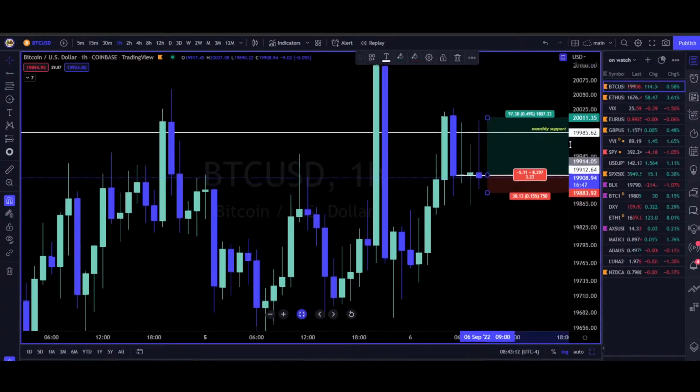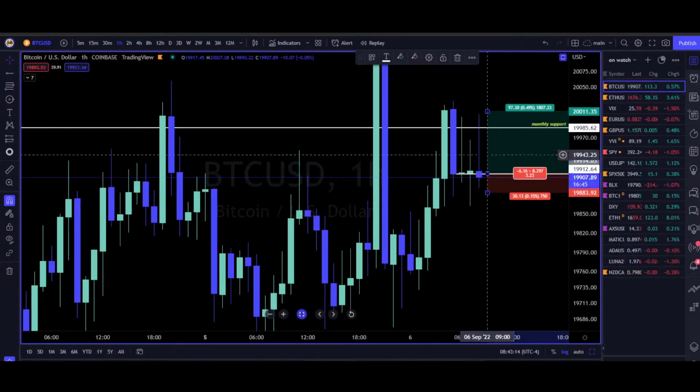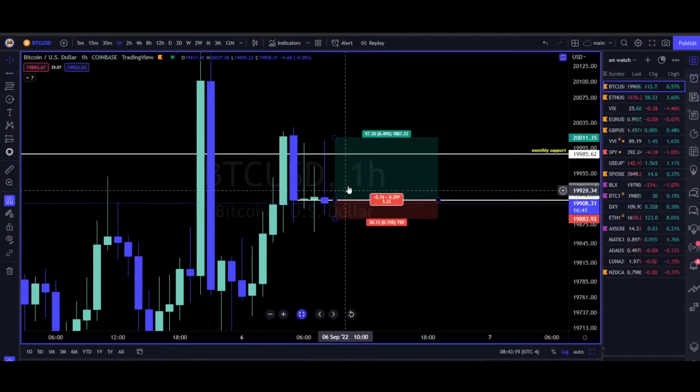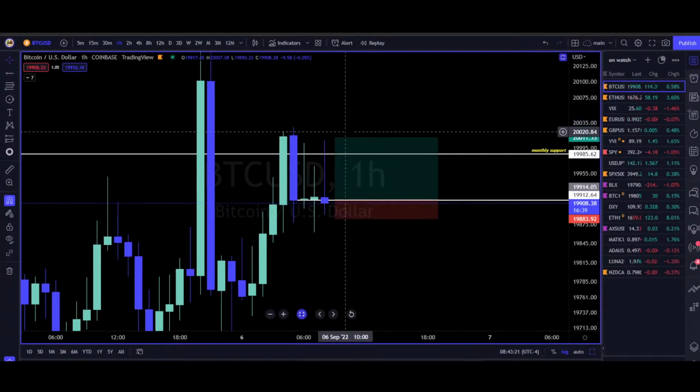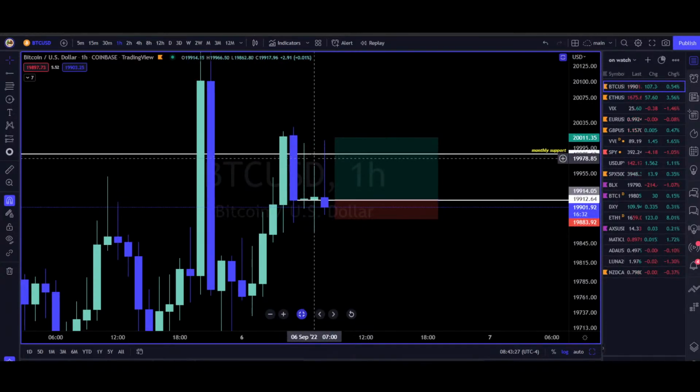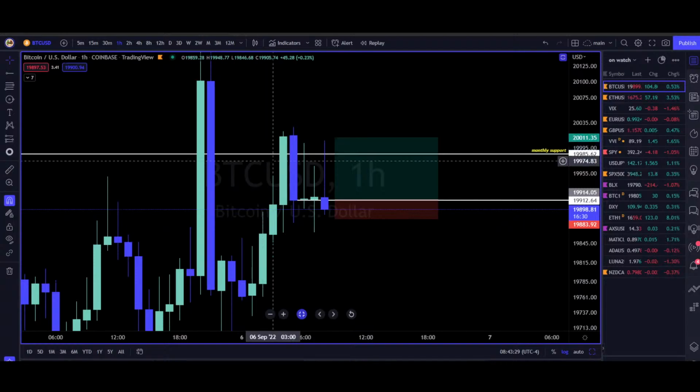And in 16 minutes, we want to see this close above this white line. And then this is what your trade will look like. Obviously, profit target will be this resistance level. Not the monthly support. Monthly supports work good on monthly closes, not so much on hourly closes.